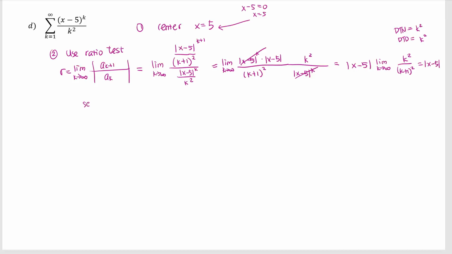Alright, and then by the ratio test, the series converges if the ratio is less than 1, okay? It diverges when the ratio is greater than 1, okay? So let's see, absolute value of x minus 5 less than 1, that means the distance is small, right? Small means bounded by 1 and minus 1.